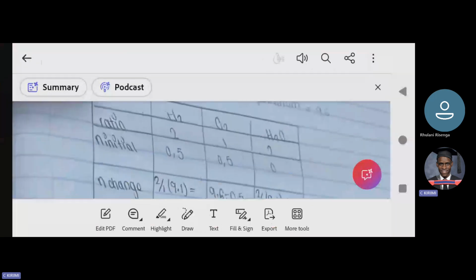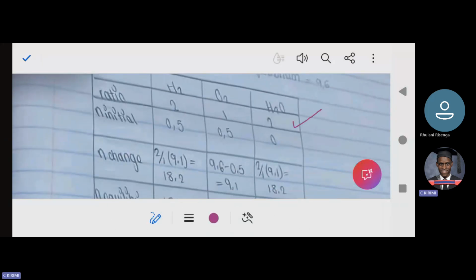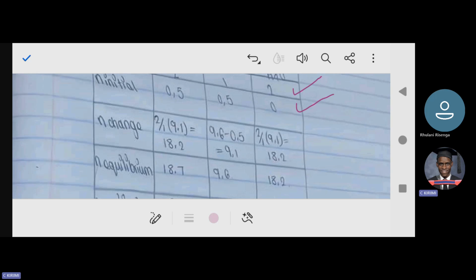Also your number of moles 0.5, 0.5, and 0. So which means this part is still fine. So the only part that we are differing is the change, and that change, it affects the equilibrium as well.